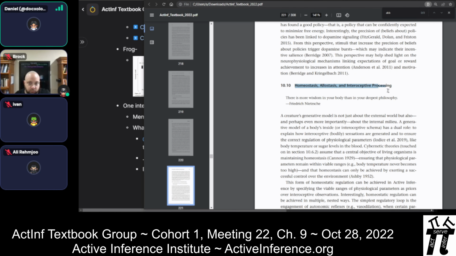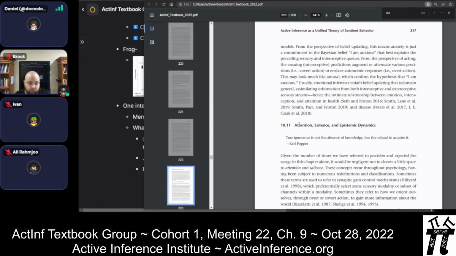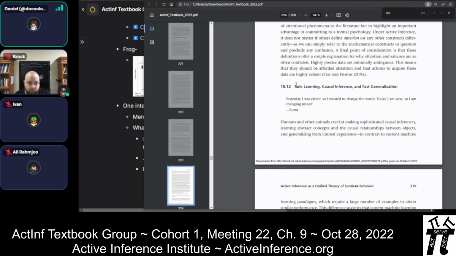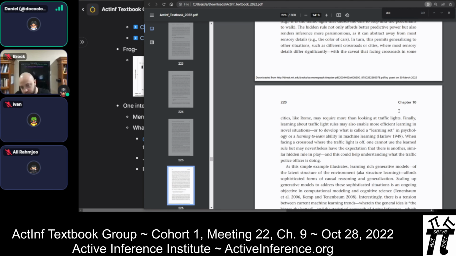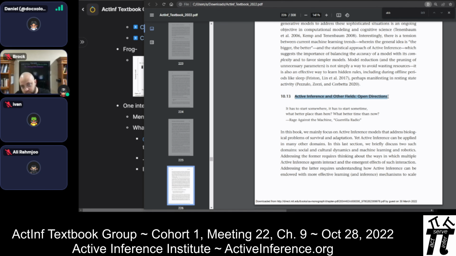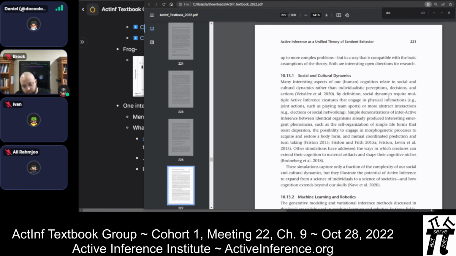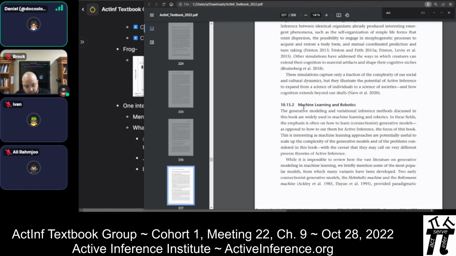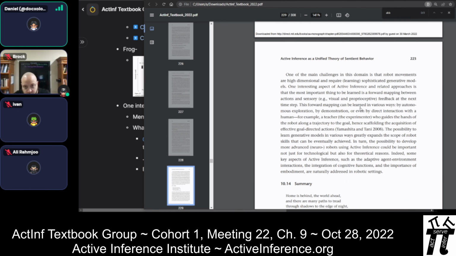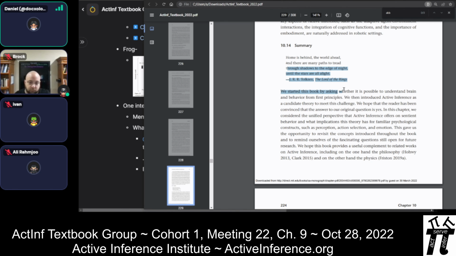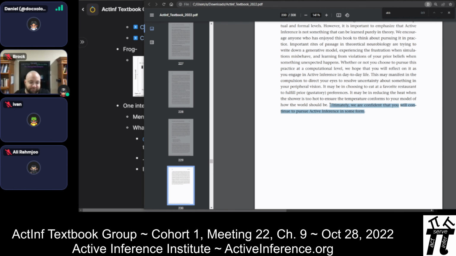Homeostasis, allostasis, interoceptive processing, attention, salience, epistemic dynamics, rule learning, causal inference, fast generalization, and next steps. Social, machine learning and robotics, summary, Lord of the Rings. We are confident that you will continue to pursue active inference in some form.